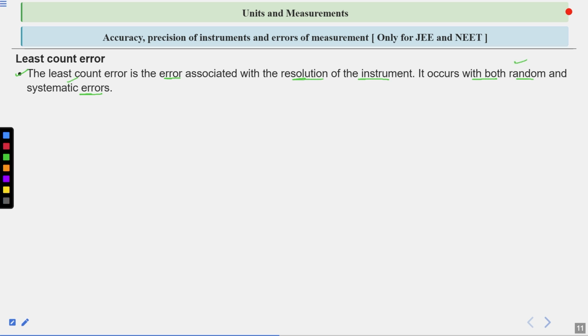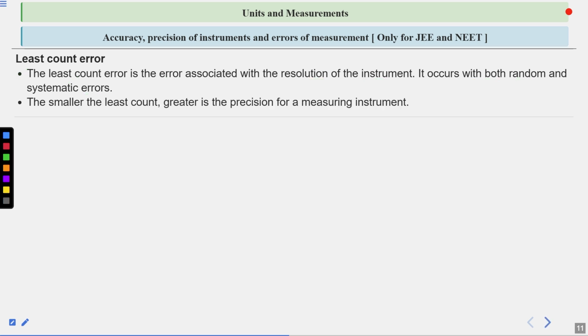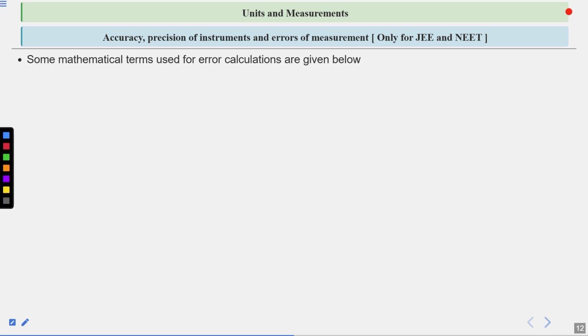So least count error occurs due to random and systematic errors. The smaller the least count, the greater the precision of a measuring instrument. Smaller the least count value, greater the precision.